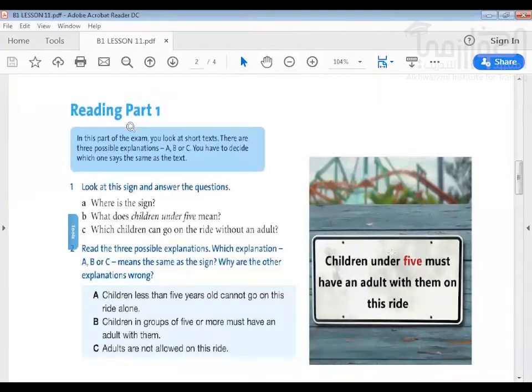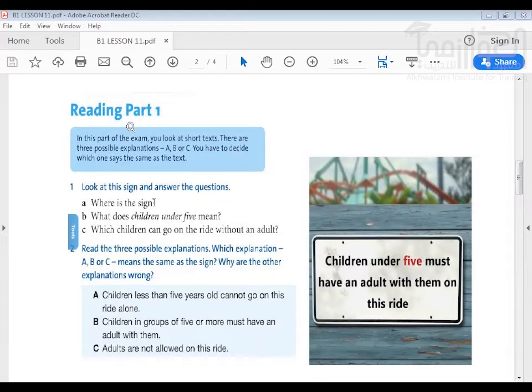Now, where is the sign? When you look at it, you can see that this is a sign in a fair. You can see the background, there's something like a roller coaster behind. So this is a theme park or a fair.